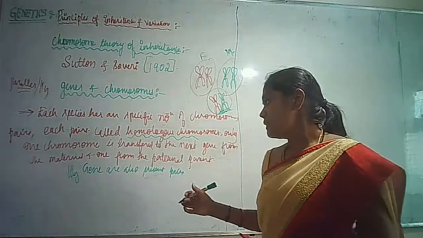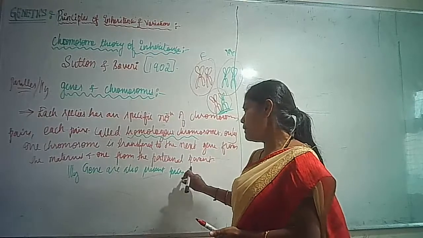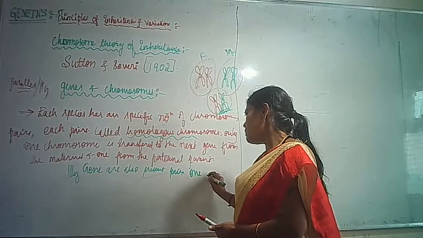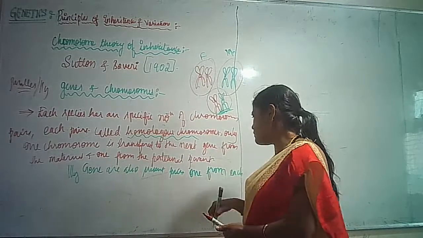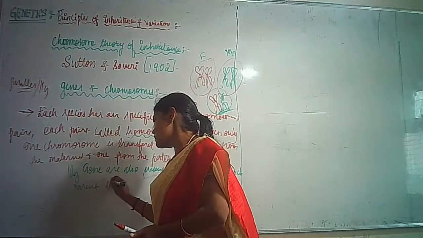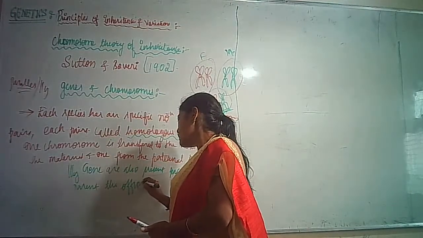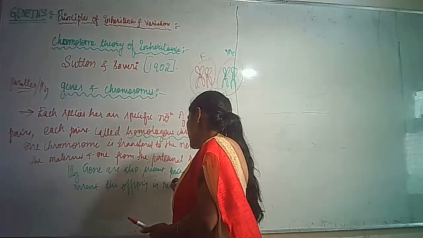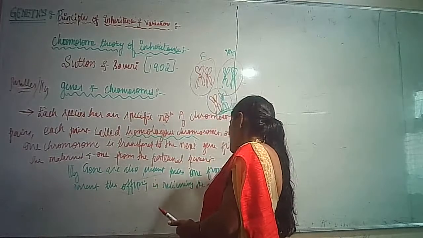Similarly, genes are also present in pairs, one from each parent. The offspring receives one gene from each parent.